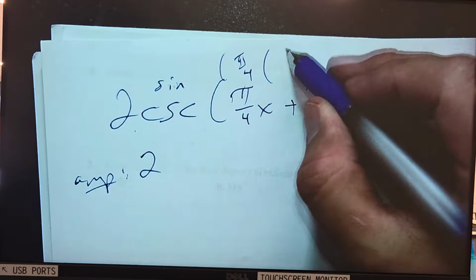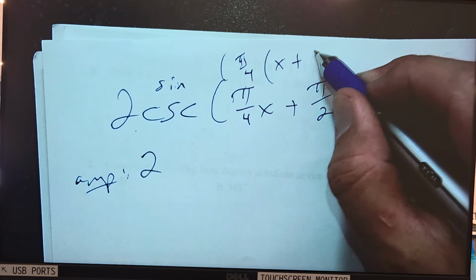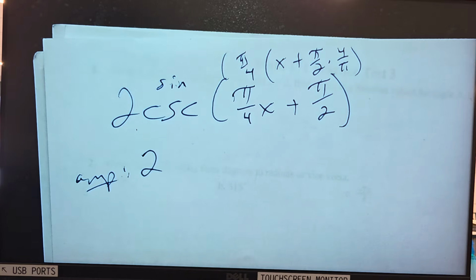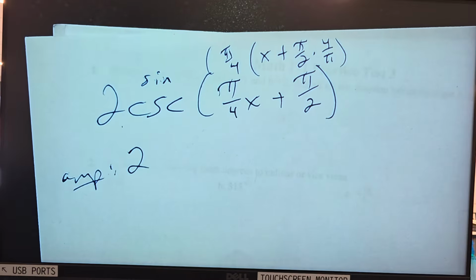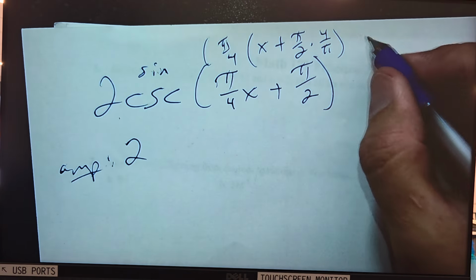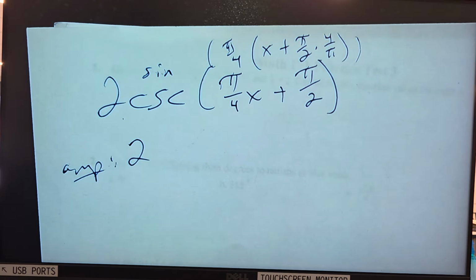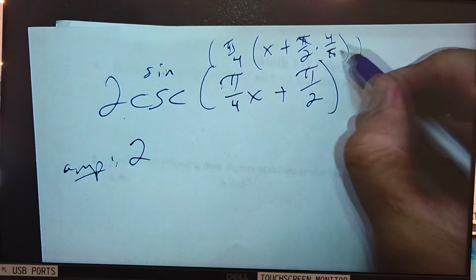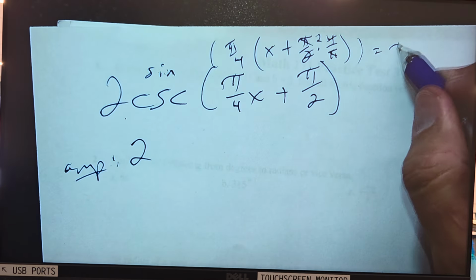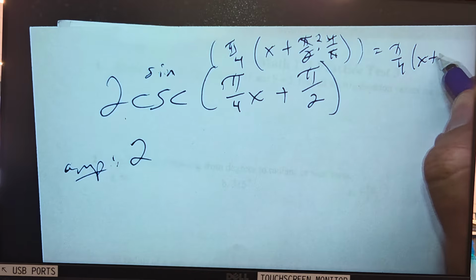So here's one way you could do this for yourself. You can write what's here, and then multiply by the reciprocal of what you took out. That will always work. Not really sure why I've never shown you that, but I think today I just decided to stop being difficult. So the pi's cancel. 4 divided by 2 is 2. So the inside is pi over 4 times x plus 2.